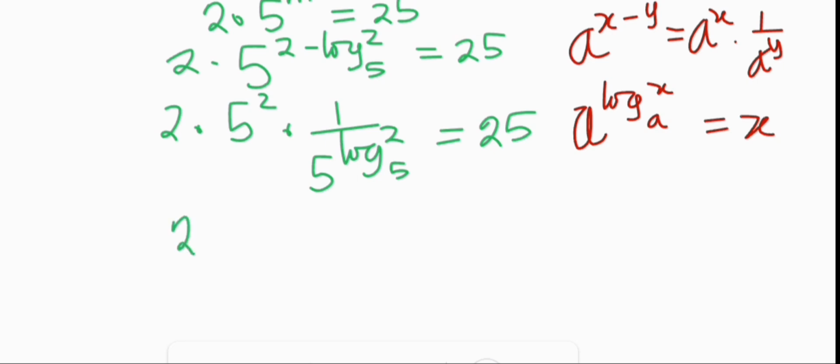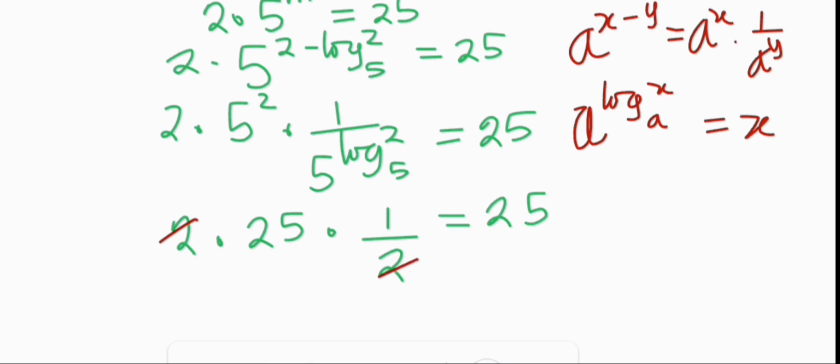Thus, we have 2 times 5 to the power of 2 is 25 times 1 over 2 equals 25, where 2 cancels out 2, and we have that 25 is equal to 25.